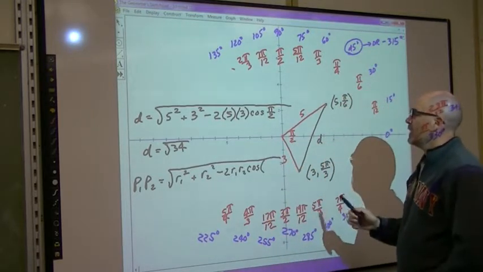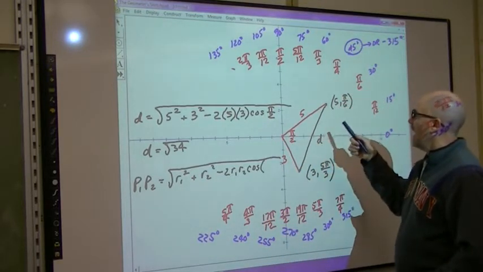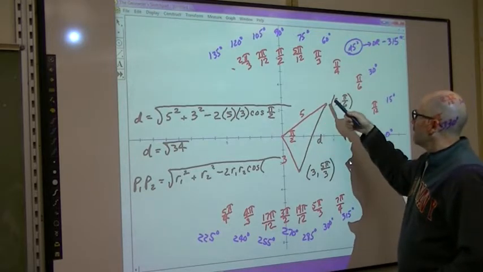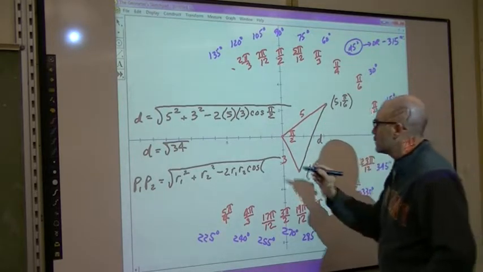Well, what's the angle in between? It's going to be theta 1 minus theta 2.